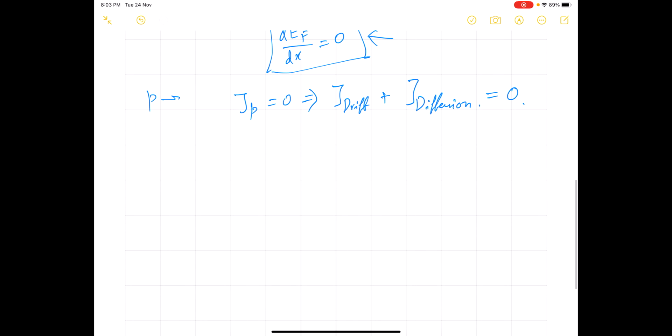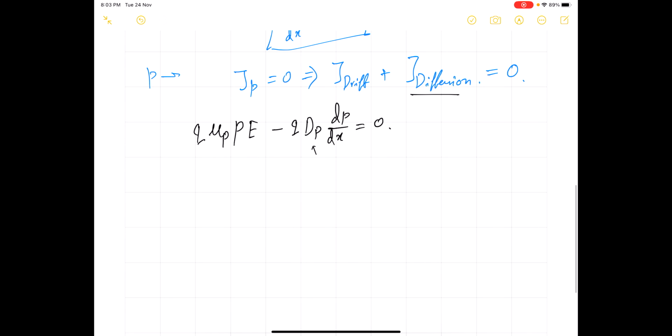Okay, so q into mu p into p into E, minus the diffusion current, which will be minus q into dp by dx, equal to 0, where Dp is basically the diffusion coefficient.